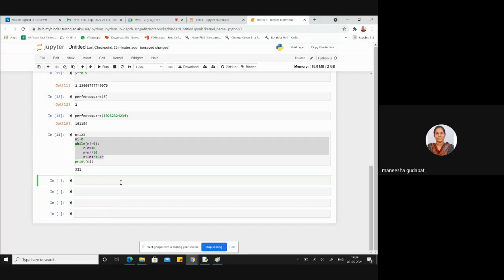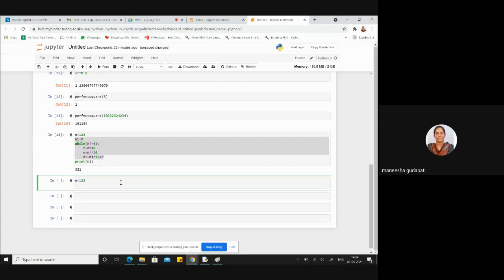Let's try the other way. Suppose n equal to 123, what we can do first is try to convert that one into a string format, like str of n, and for this you can apply a slicing operation, like reading in reverse order.